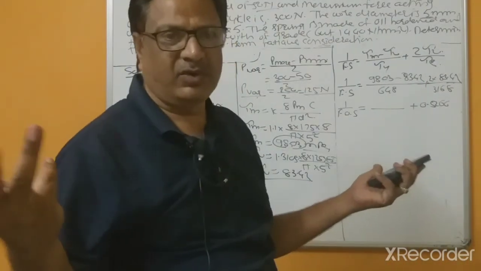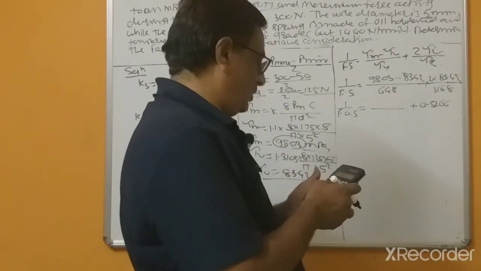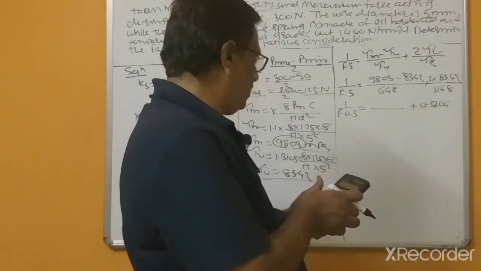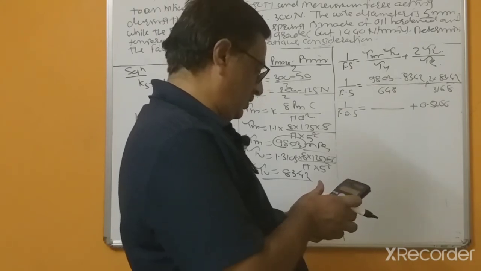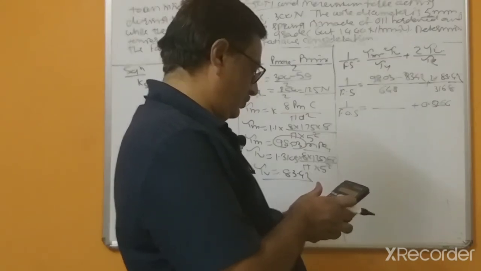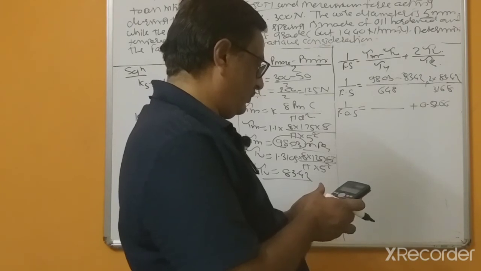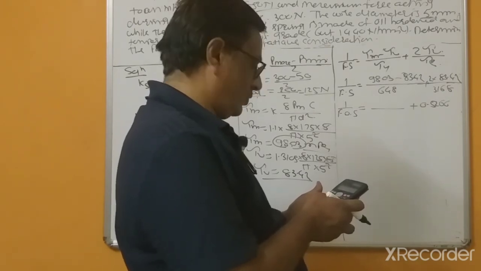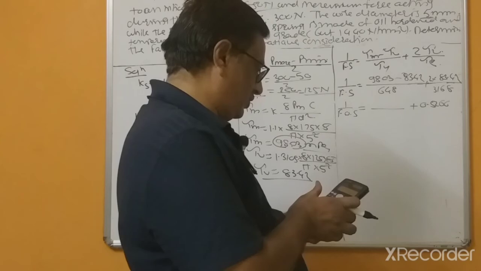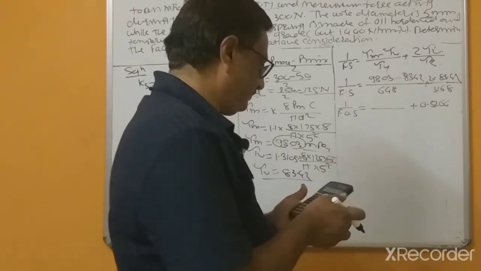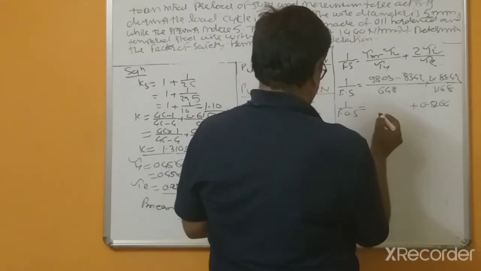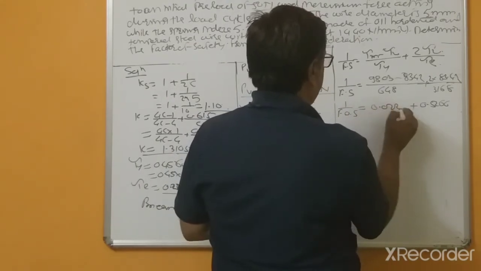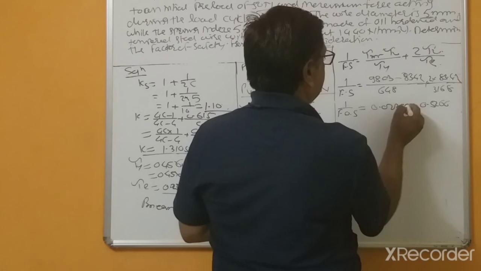So what is the factor of safety? The first term is (98.03 minus 83.42) divided by 648, which is 0.02254.